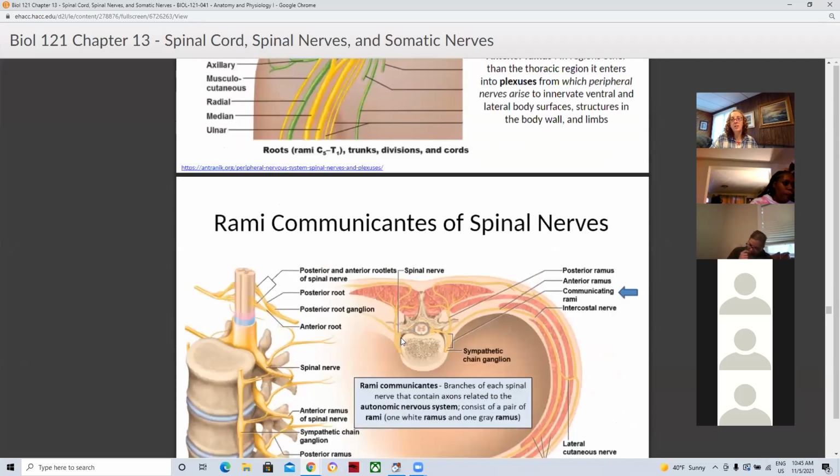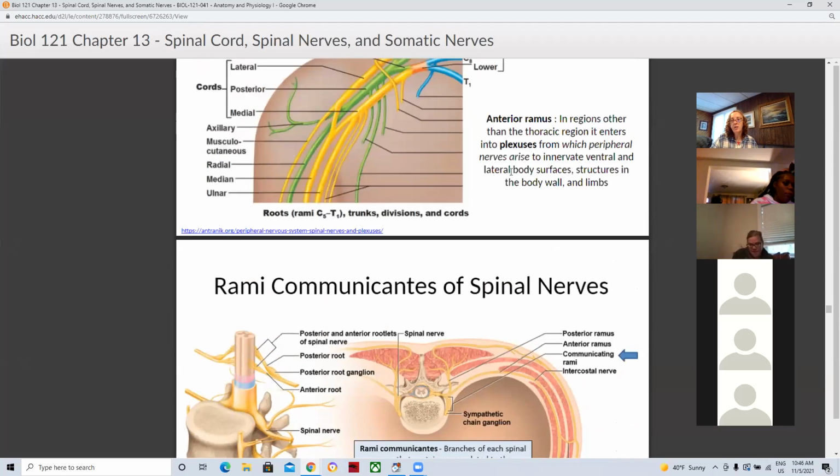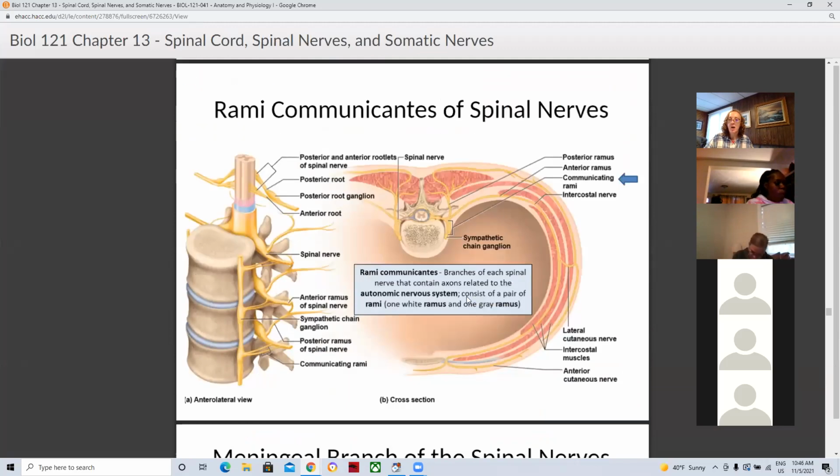Rami communicantes. The anterior ramus is going to be the plexuses from which the peripheral nerves arise to innervate the ventral and lateral surfaces. The rami communicantes are branches of each spinal nerve that contain axons related to the autonomic nervous system.